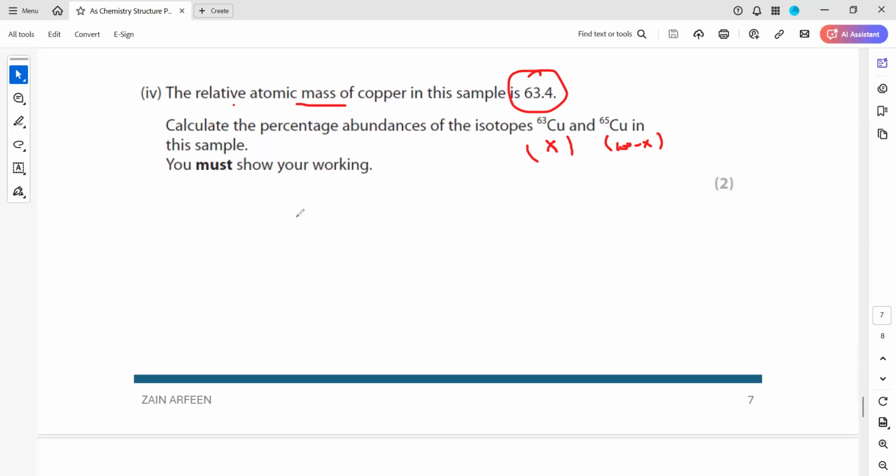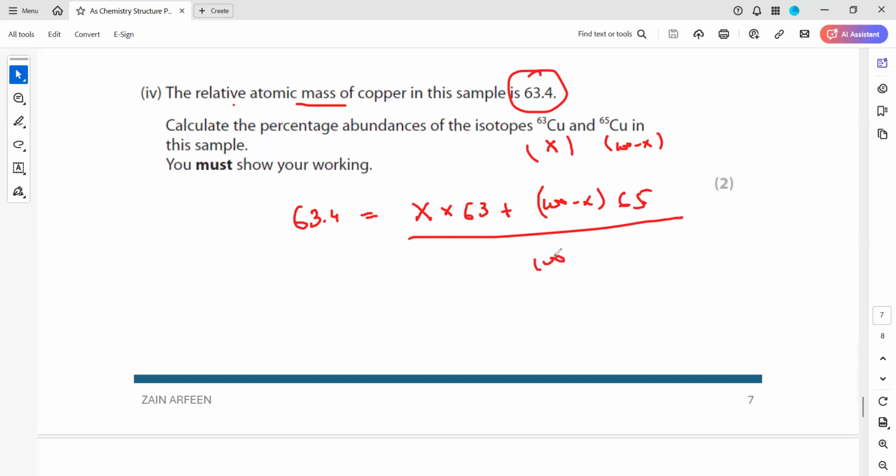So the average mass of the isotopes, which is 63.4, is equal to the percentage of the isotope, which is X, multiplied by its mass, 63, plus the percentage of the other isotope, which is 100 minus X, multiplied by its mass, 65, divided by 100.